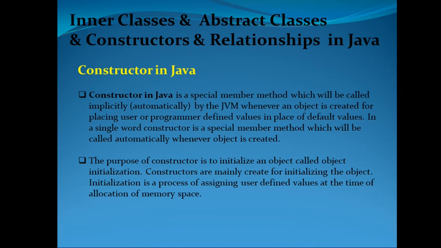In a single word, a constructor is a special member method which will be called automatically whenever an object is created. The purpose of a constructor is to initialize an object, called object initialization. Constructors are mainly created for initializing the object. Initialization is the process of assigning user-defined values at the time of allocation of memory space.